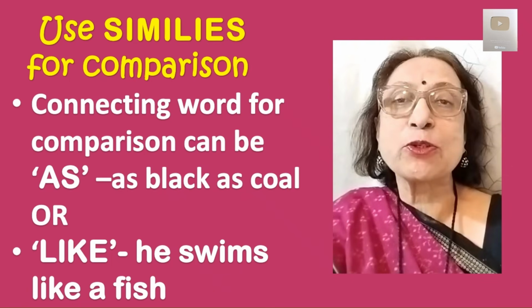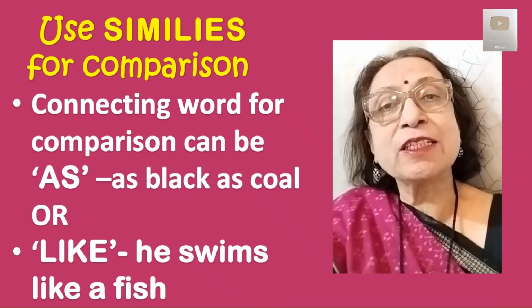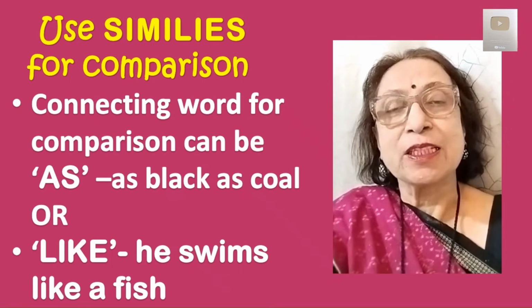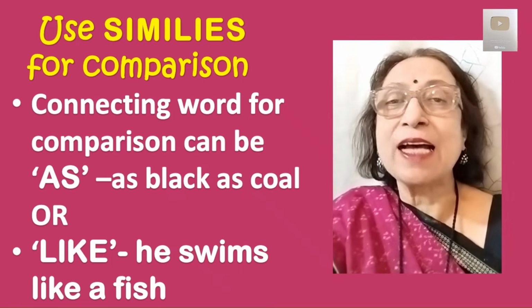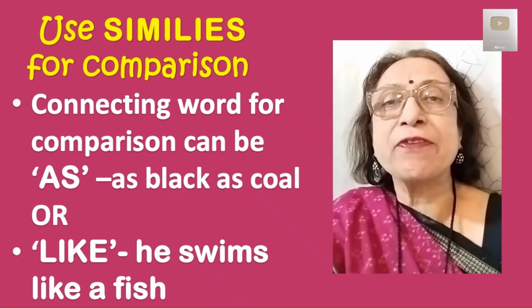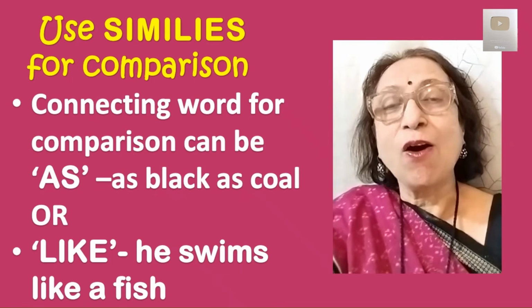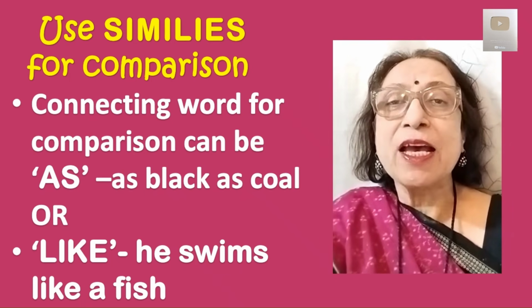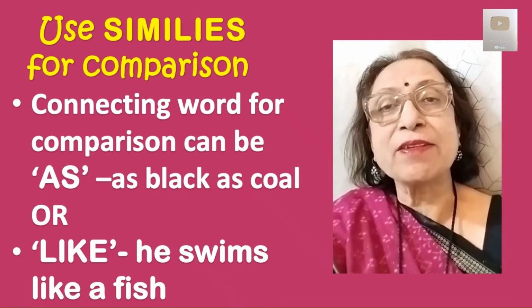Then you can also say, the soldier is as brave as a lion. The simile is as brave as a lion. All these 5 sentences we have used as for comparison.